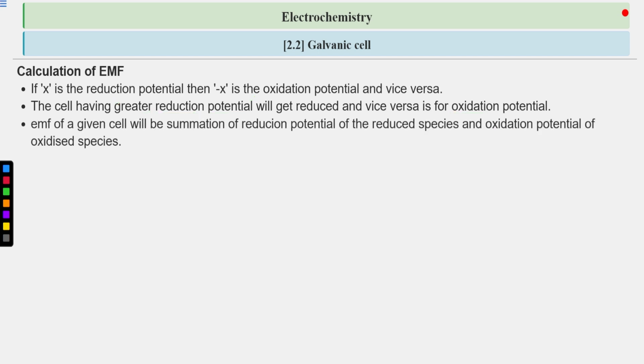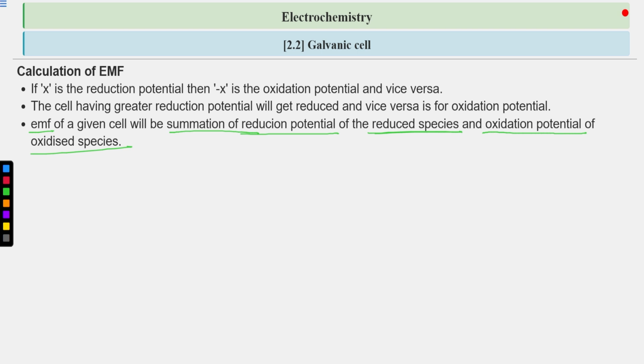EMF of a given cell will be the summation of the reduction potential of the reduced species and the oxidation potential of the oxidized species. Now, for a given cell, the EMF will be the summation. That means you have to add the reduction potential of the reduced species, the species which has gained electrons, and the oxidation potential of the oxidized species, those species which have lost their electrons.